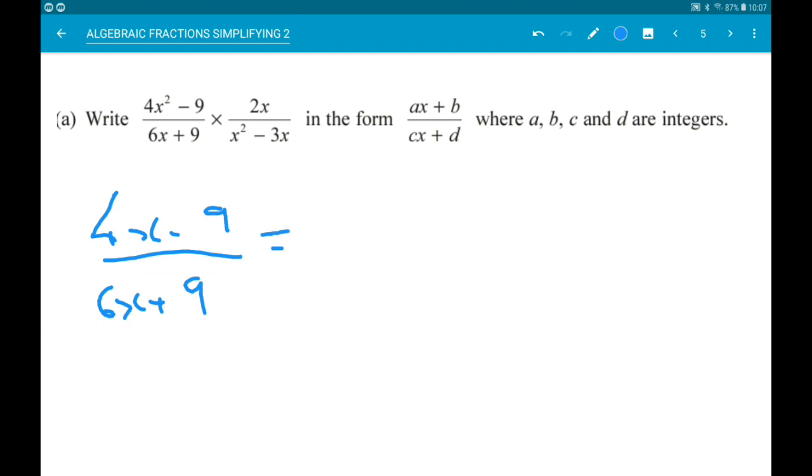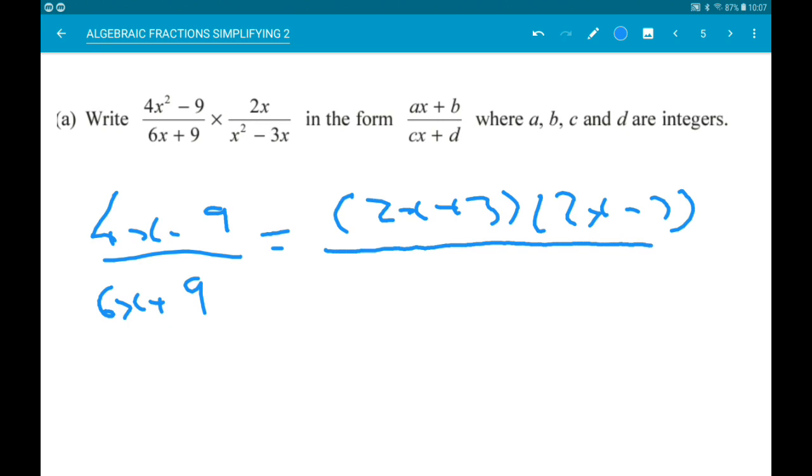So the top is a difference of two squares, which is going to factorise to (2x + 3) times (2x - 3), and then the bottom has a common factor of 3, so we can write the bottom as 3 lots of (2x + 3).